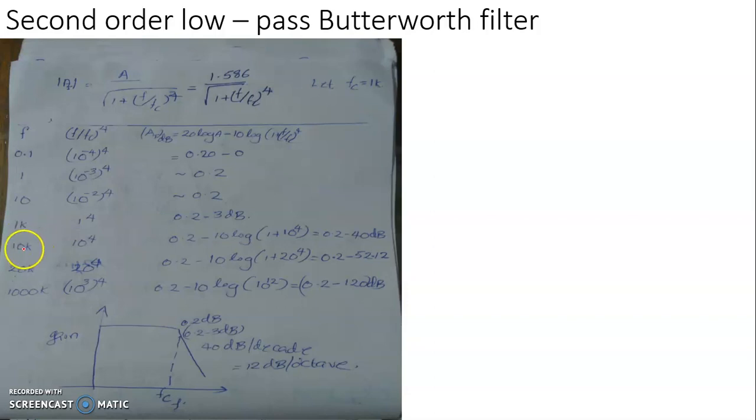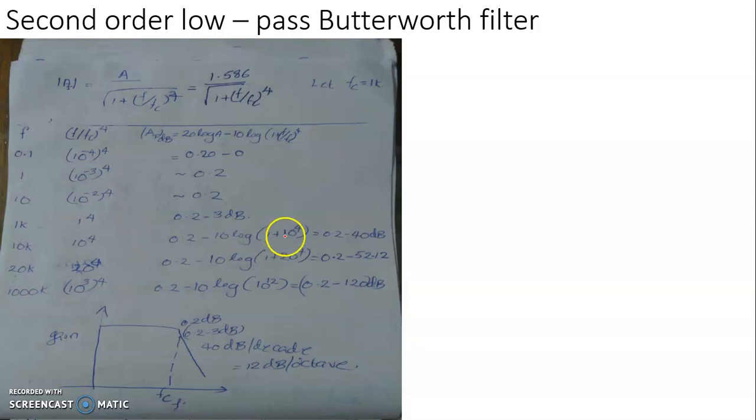And again we take the frequency 10 times incremented. Then F by FC is 10k by 1k, that is 10 raised to 4 here. The gain will then be 0.2 minus 10 logarithm of 1 plus 10 raised to 4. 10 raised to 4 is 10,000, and 10,000 plus 1 is approximately 10,000 itself for taking the logarithm.